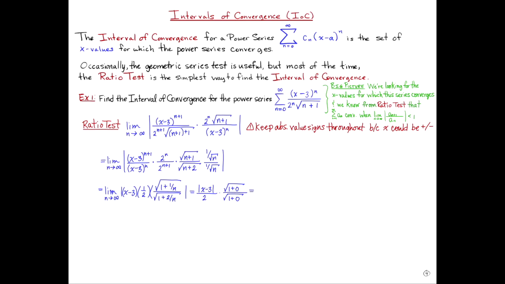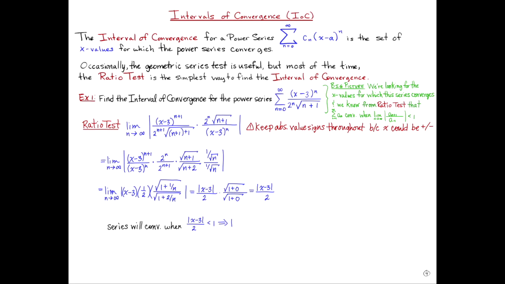That simplifies down to the absolute value of x minus 3 over 2. The ratio test tells us that the series will converge when the absolute value of x minus 3 over 2 is less than 1. Solving for x, let's multiply both sides through by 2.